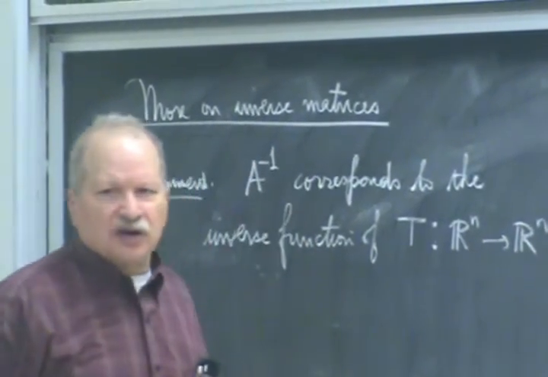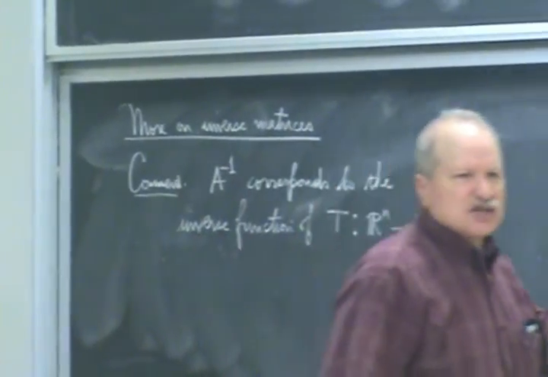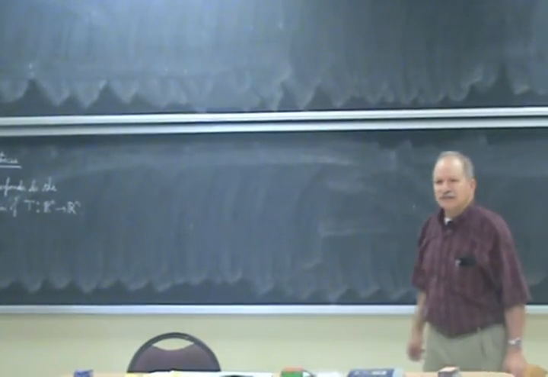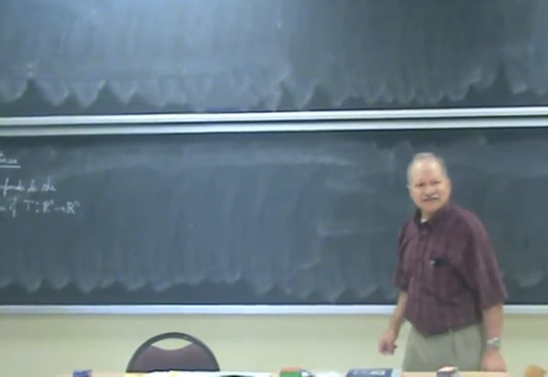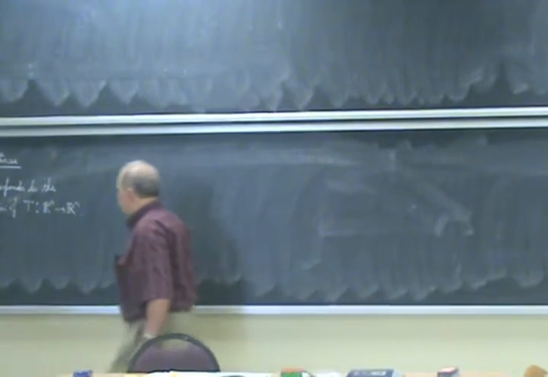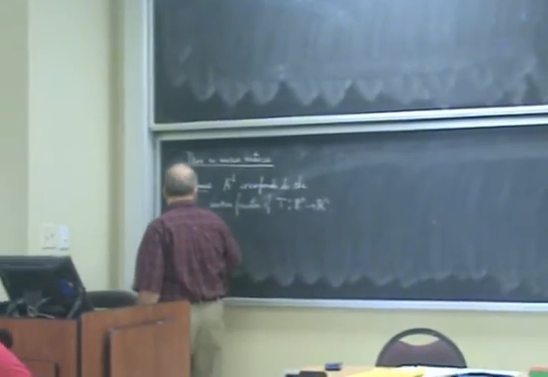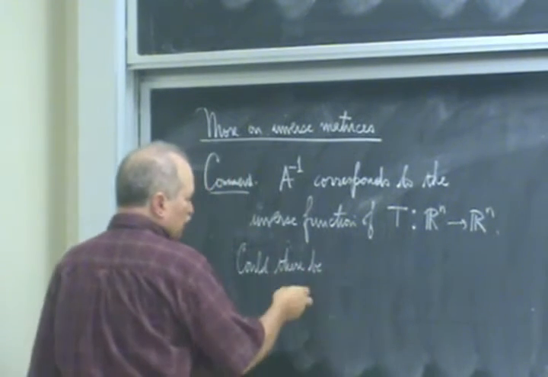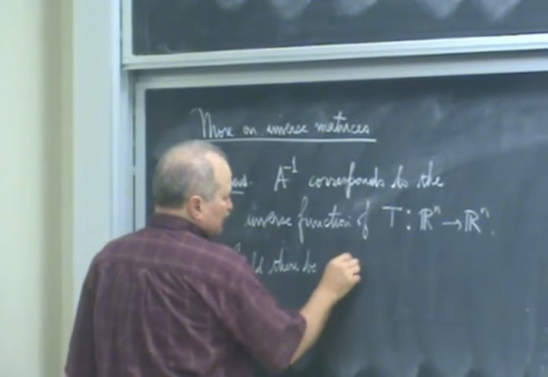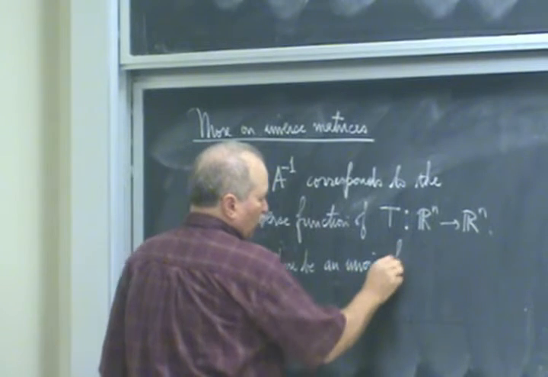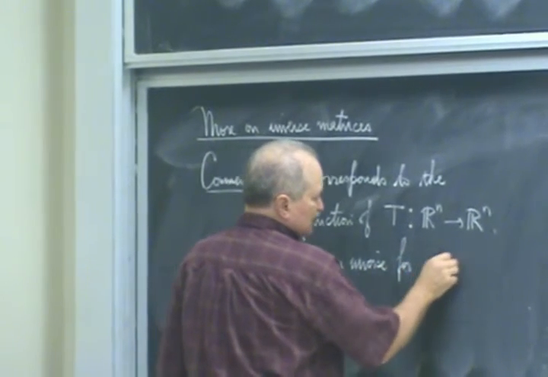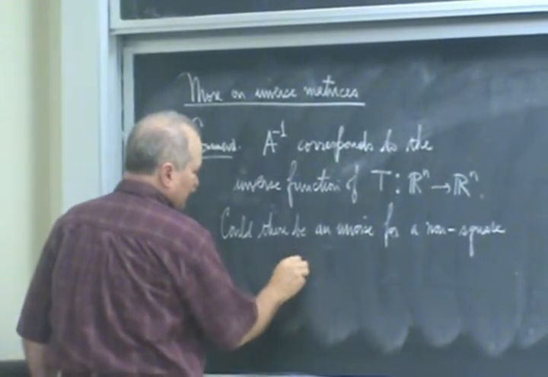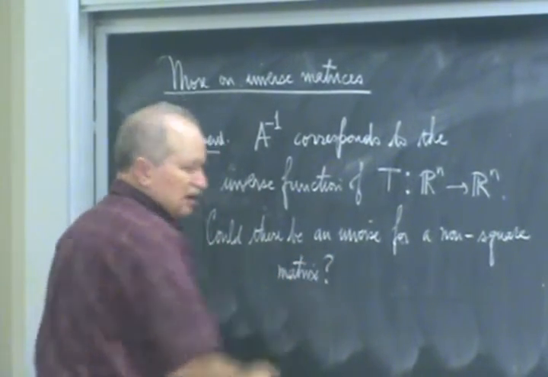But you might wonder, if I had a non-square matrix, could it have an inverse? I suppose, if it was the opposite dimensions. So could there be an inverse for a non-square matrix? What would that mean?